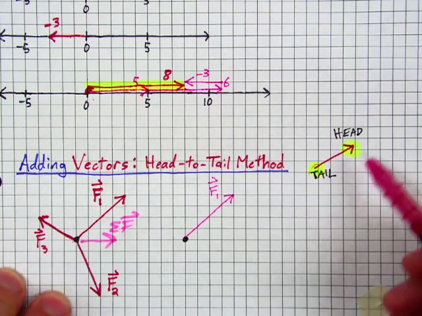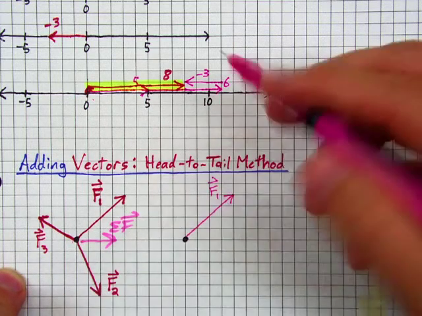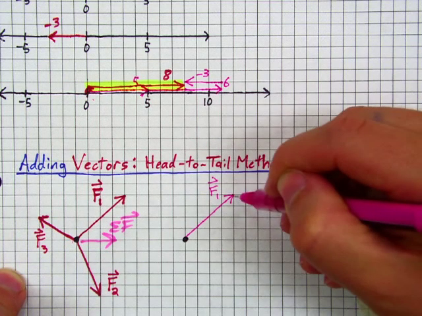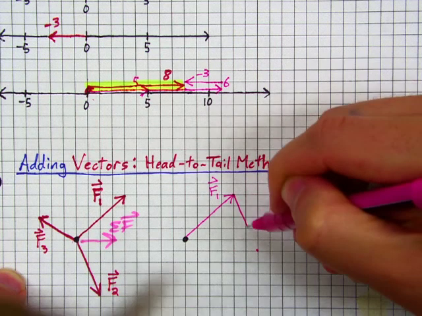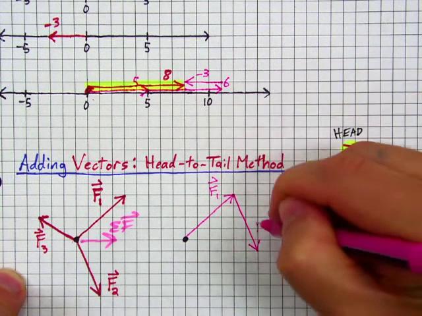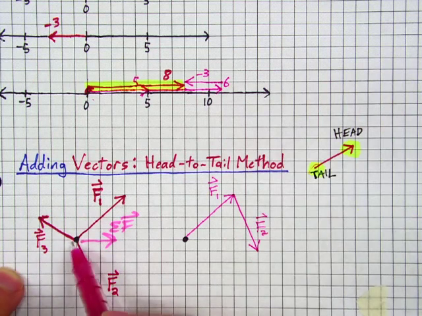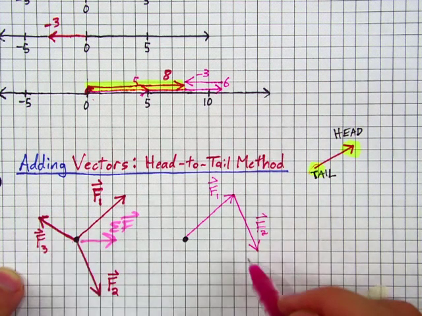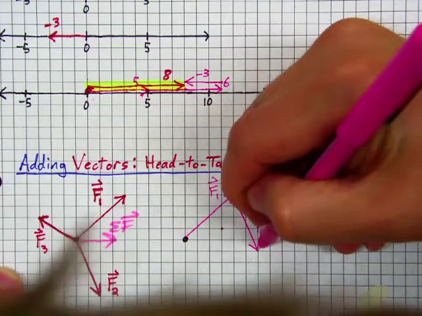Tail of the vector is this end, head is this end. So F2 goes down 5 over 2. Starting here at the head of F1, down 5 and over 2, draw in F2. Then take the third vector, F3, that goes over 3 and up 2. So starting from here, over 3 and up 2, brings us there.